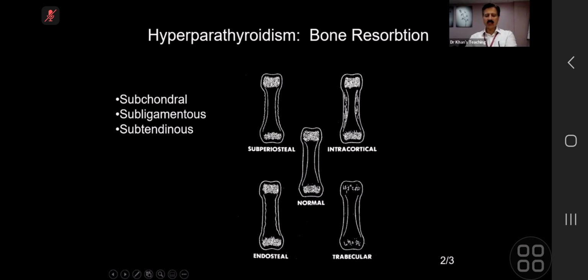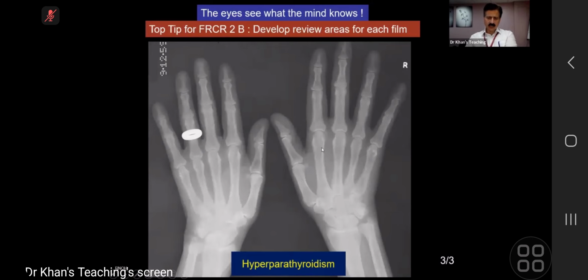There is another type of bone resorption which is shown here, known as intracortical bone resorption. When that is there, the outline of the periosteum remains very sharp and distinct, and we also call this phenomenon cortical tunneling.